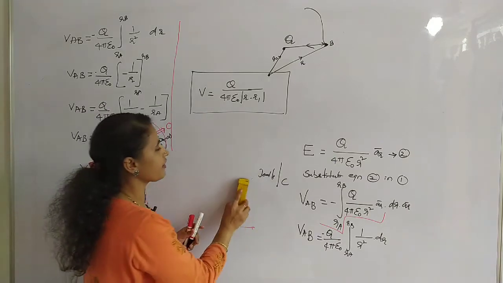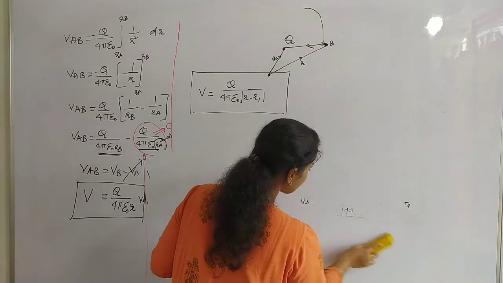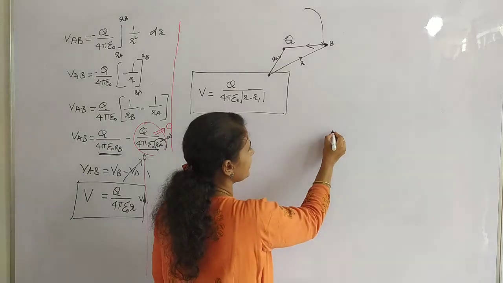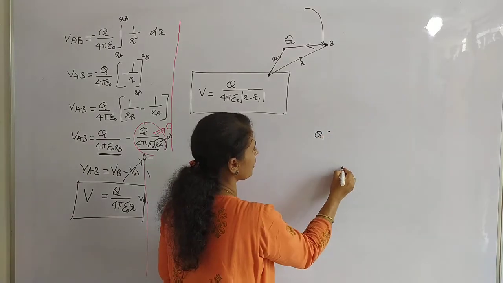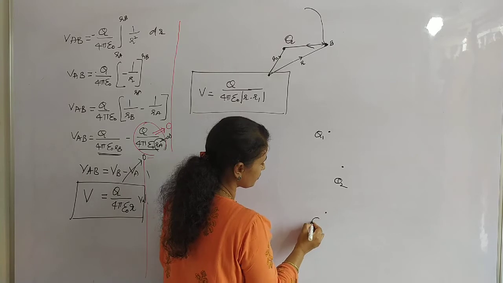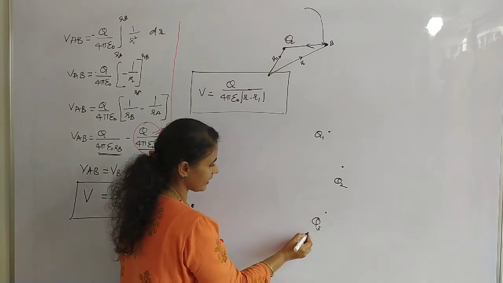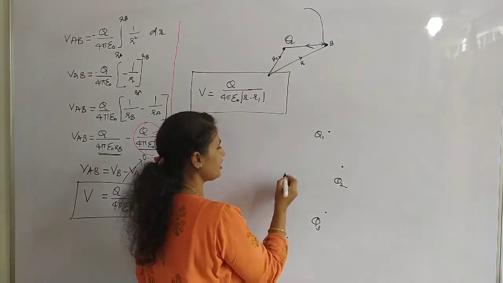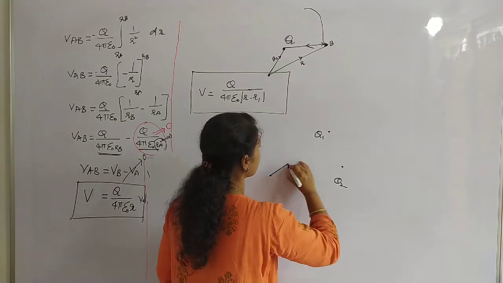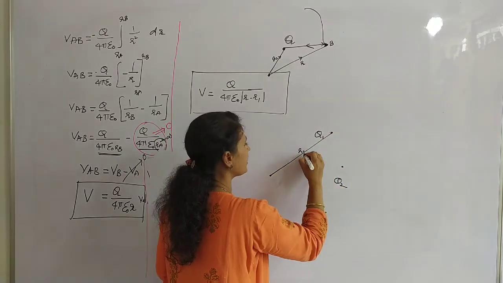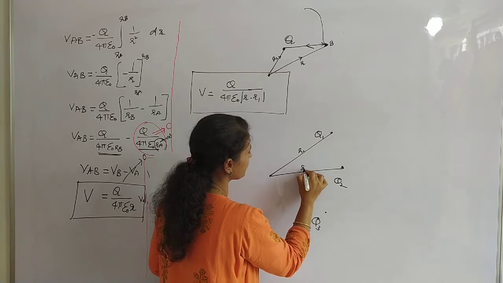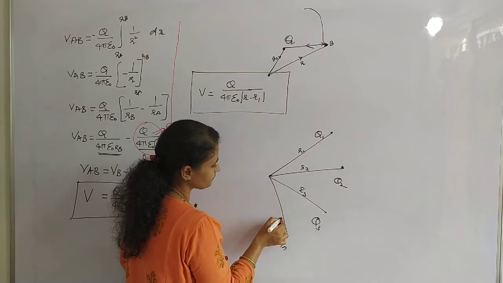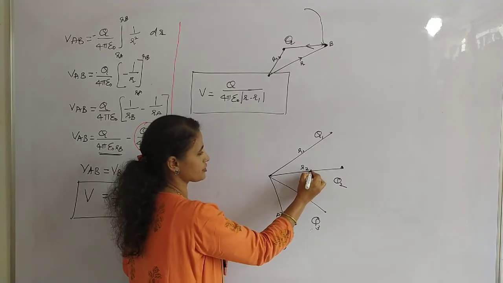So there are n number of charges, Q1, Q2, Q3, up to Qn, which are at distances R1, R2, R3, up to Rn from the origin.